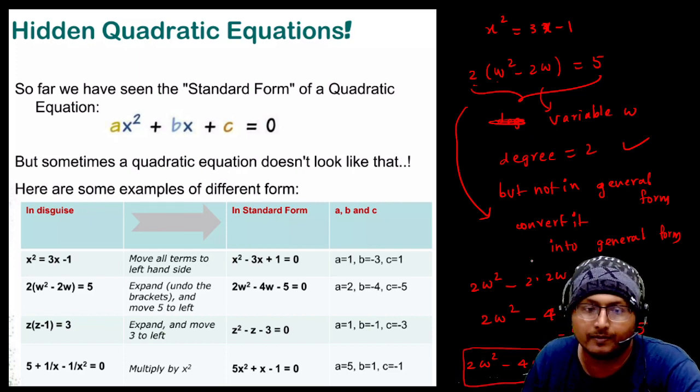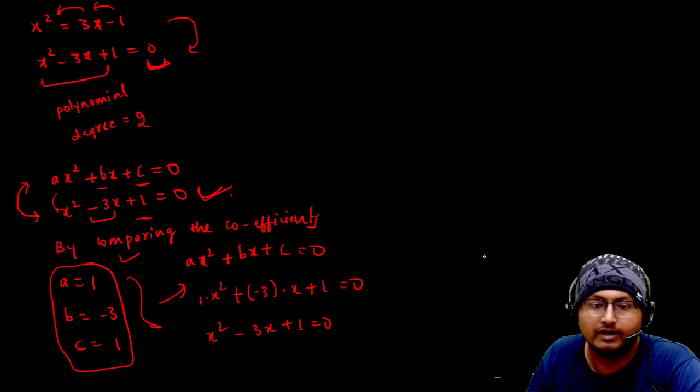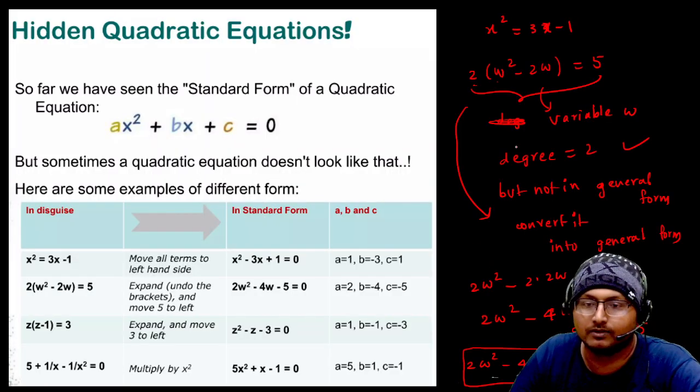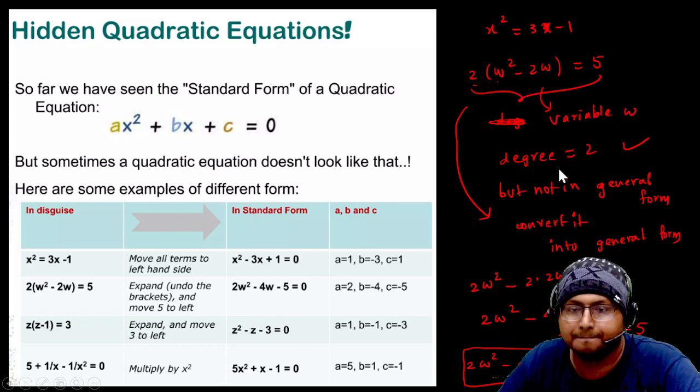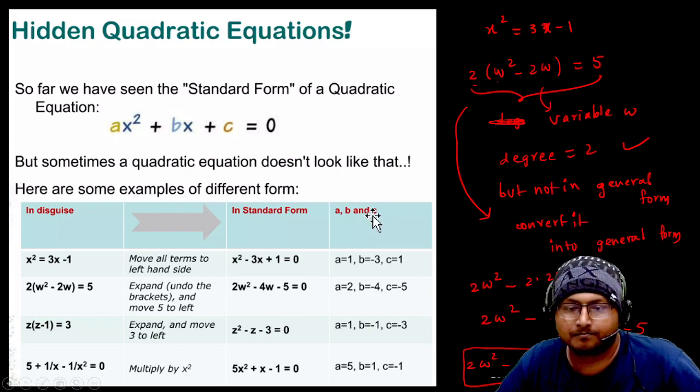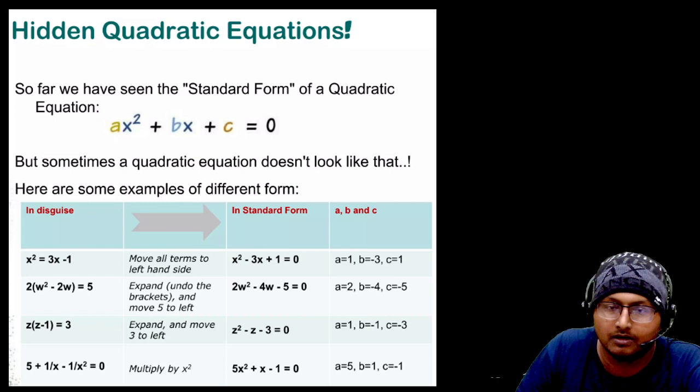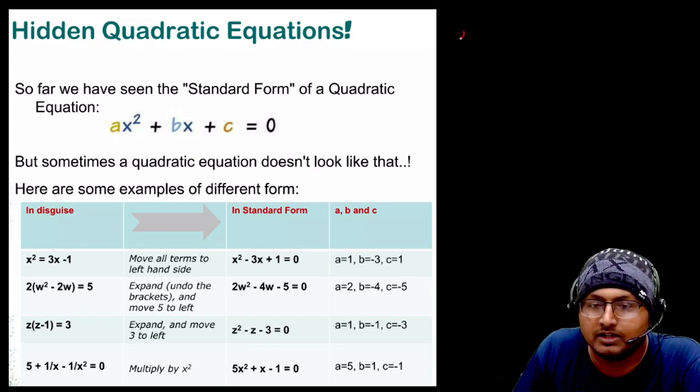Oh sorry, you are not able to see, right? So I'll write here, or I'll remove this one. Okay, what is the equation? Once again we will do it. 2w square minus 4w minus 5 is equal to 0.